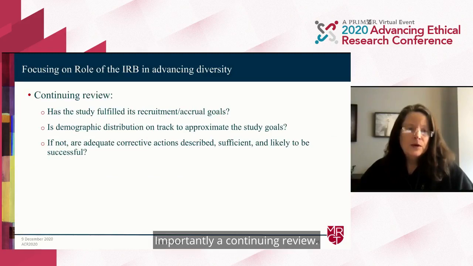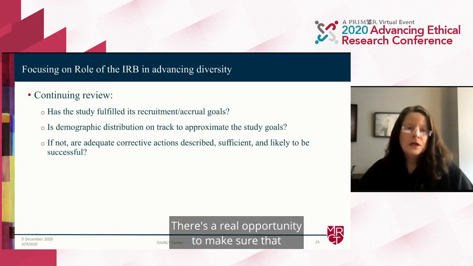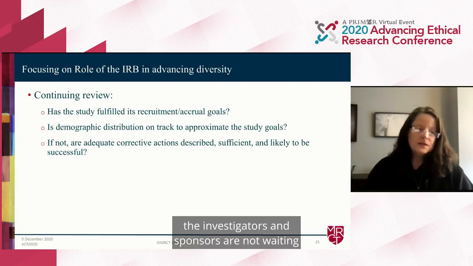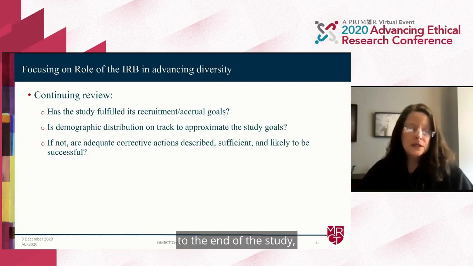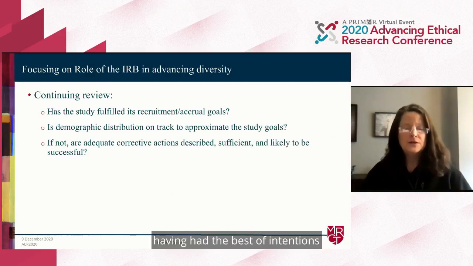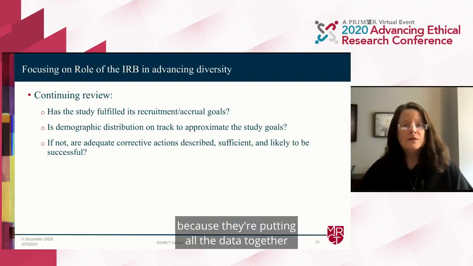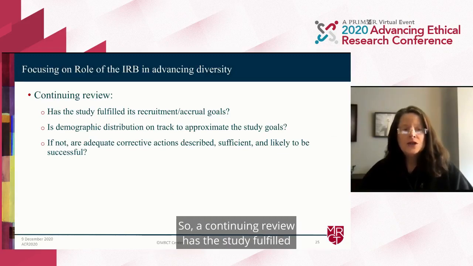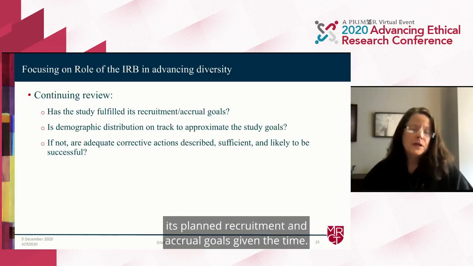Importantly, at continuing review, there's a real opportunity to make sure that the investigators and sponsors are not waiting until the end of the study, having had the best of intentions for recruiting a diverse population, and then find that they have not, because they're putting all the data together and find that certain populations are underrepresented. So at continuing review, has the study fulfilled its planned recruitment and accrual goals given the time?